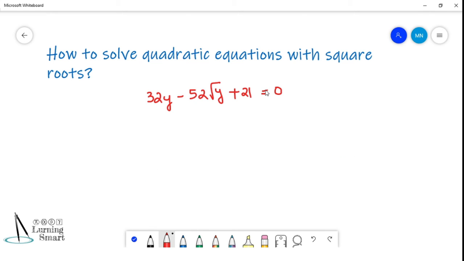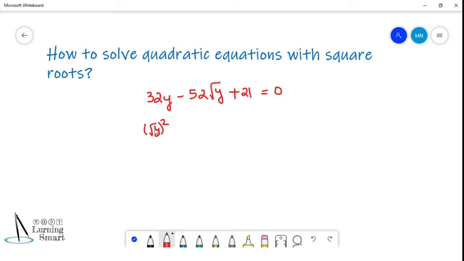So this is the next question. 32y minus 52 root y plus 21 equal to 0. You are supposed to solve the equation. When you look at it, this may not look like a quadratic equation, but you can view it as one. How? Because here there is a y, here there is a root y. So if I write y like this, is it correct?